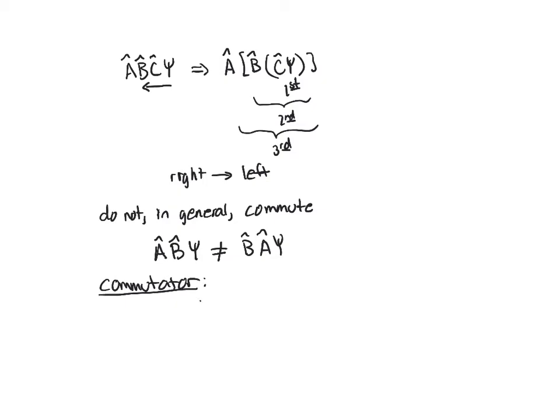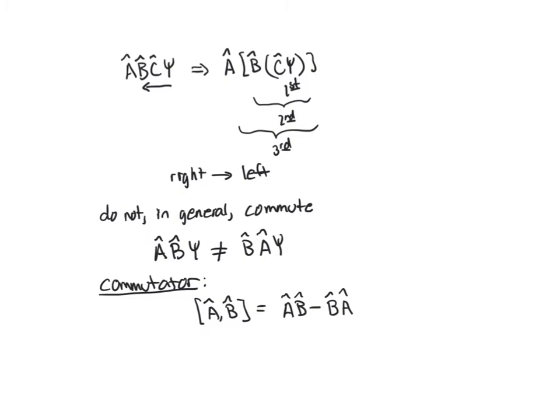So a commutator is written as A hat, comma, B hat in square brackets. And that commutator is equal to A hat B hat minus B hat A hat.